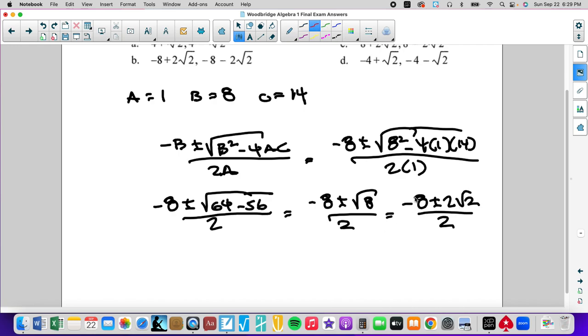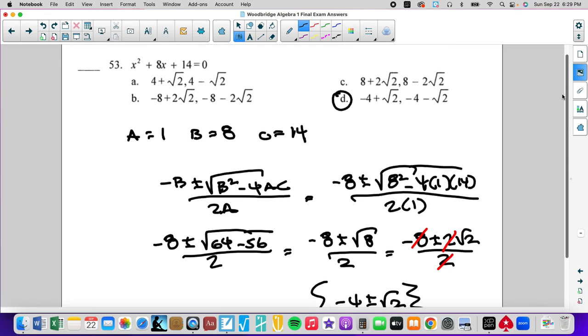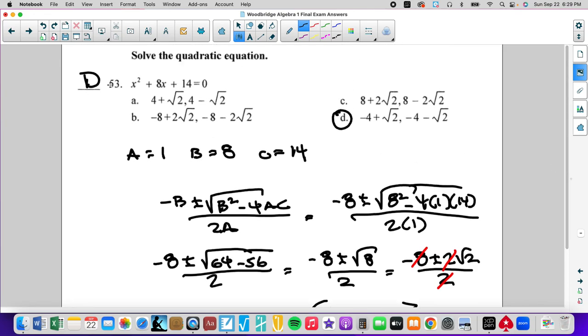So we can simplify each of those by 2. And that gives me -4 plus or minus rad 2 is my answer. -4 plus rad 2, -4 minus rad 2. So that is D, actually. We go back to D. Not all answers are going to be A.